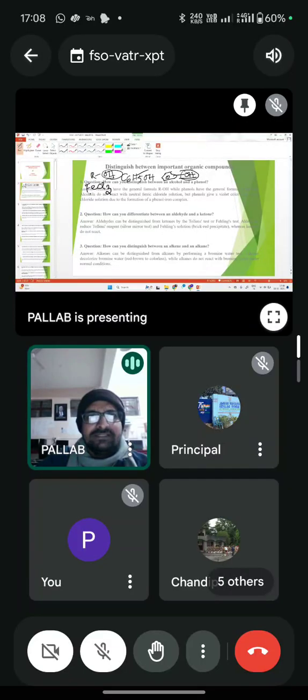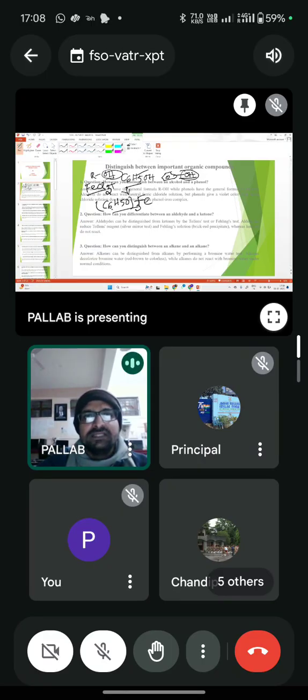Now this FeCl3 reagent reacts with phenol and forms a compound like this, which has a color that is violet or red.